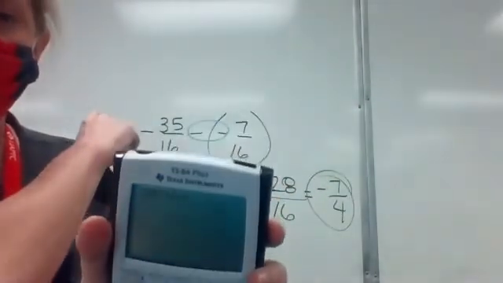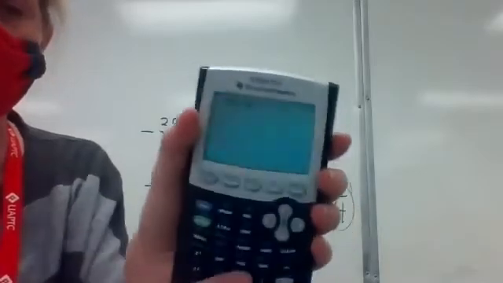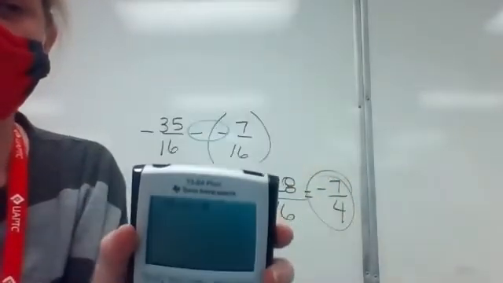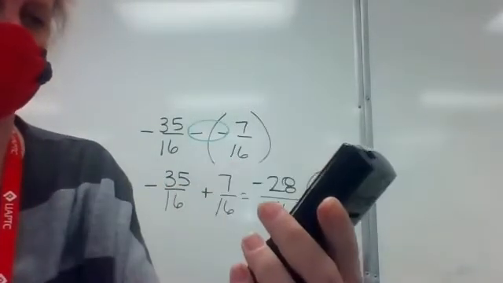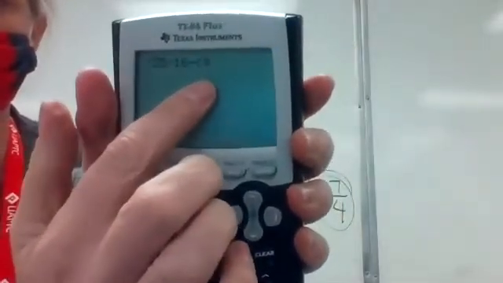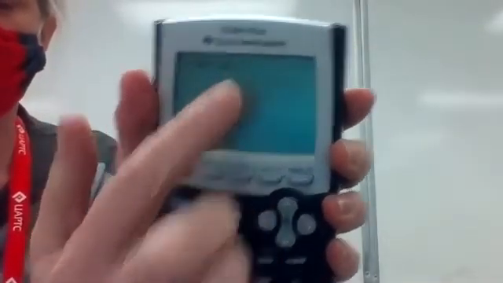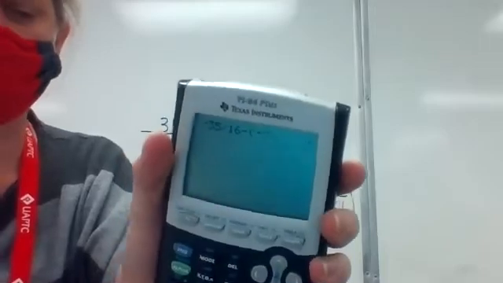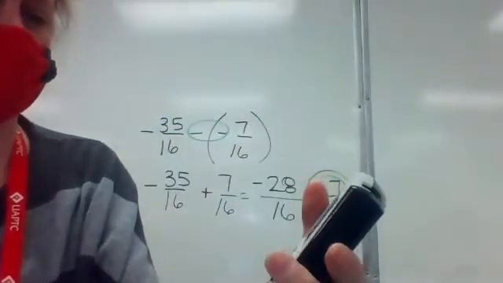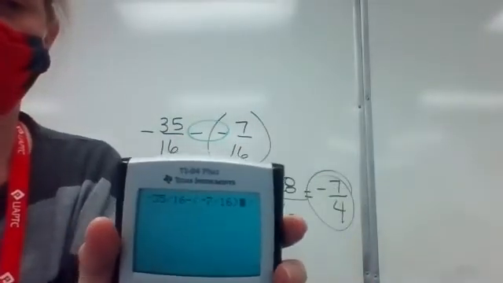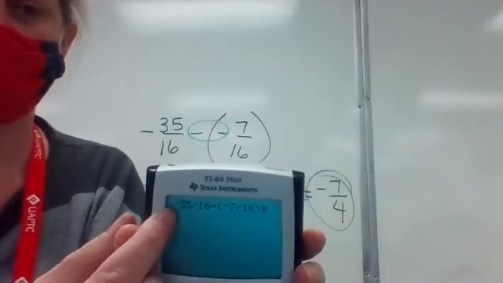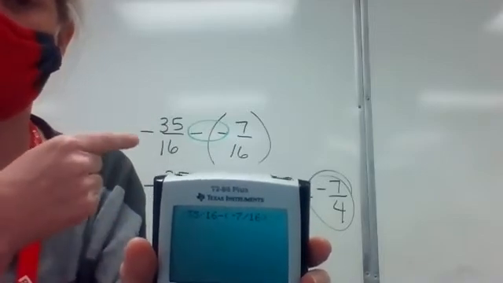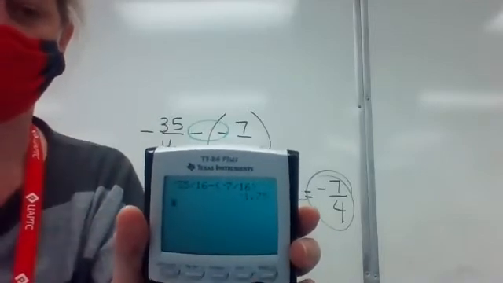Then an open parentheses, negative 7 over 16. So remember, I've typed in the minus button, but inside here, that's a negative 7 over 16, close.